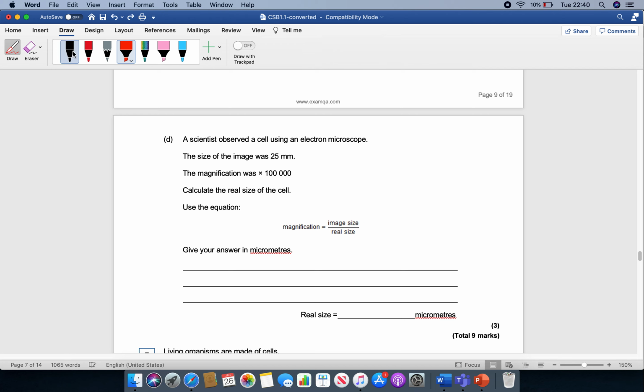So the real size would be 25 divided by 100,000, and we can use the equation to figure this out. So our real size would be 0.00025, and having your working out and the correct answer would give you 3 marks.